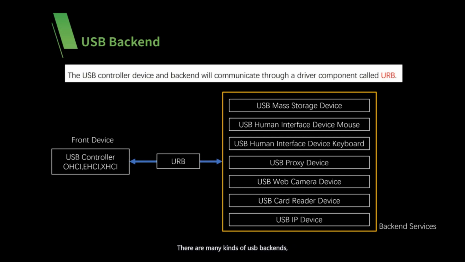There are many kinds of USB backends, such as storage USB, camera USB, and network USB, and so on. They will define a unified interface, and backends interact with the front device through URB. Therefore, the USB attack surface has URB and various backends.